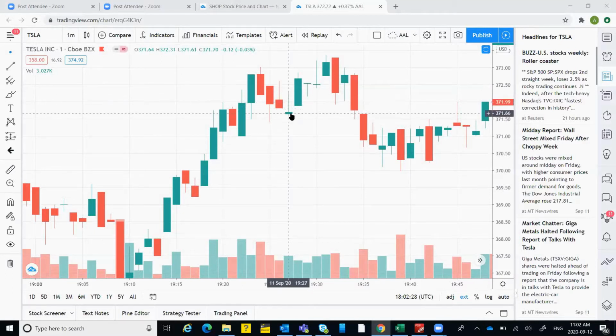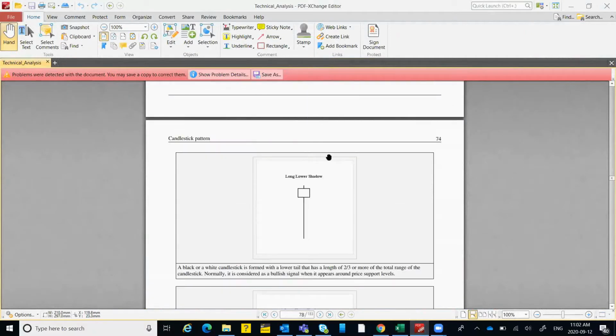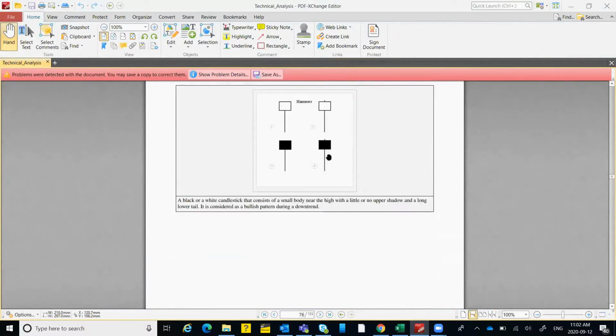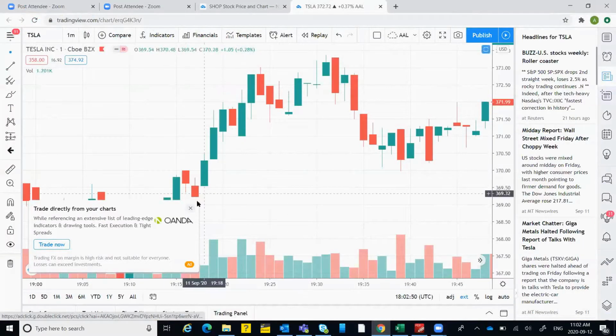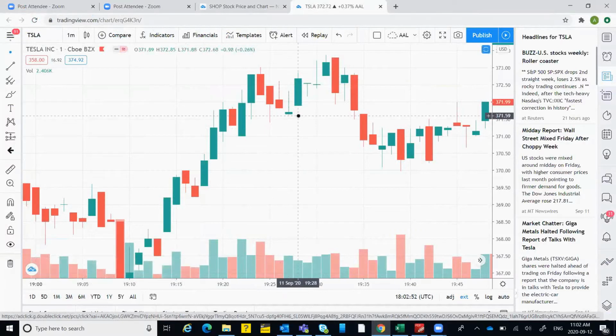The difference here is that it has a very small body. In the doji, we don't have any bottom wick or body. I'll show you here. It bears a similar pattern to the doji. Yeah, this one, gravestone doji. In the gravestone doji, opening and closing price are virtually the same. Here, there is a difference in that, but opening and closing are almost the same.